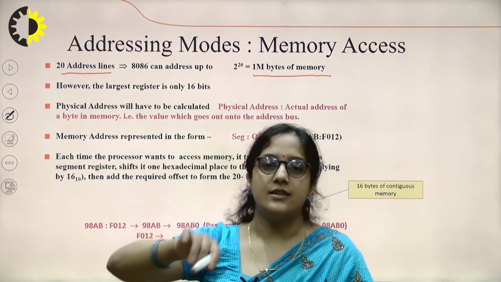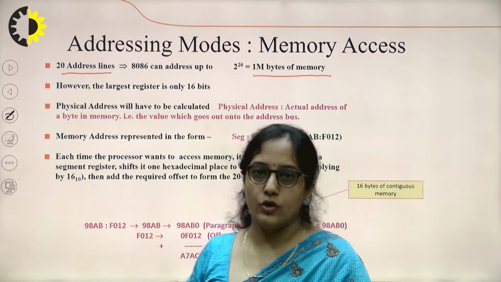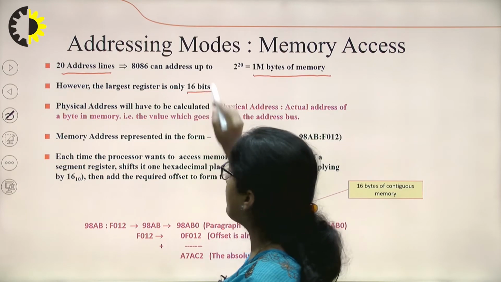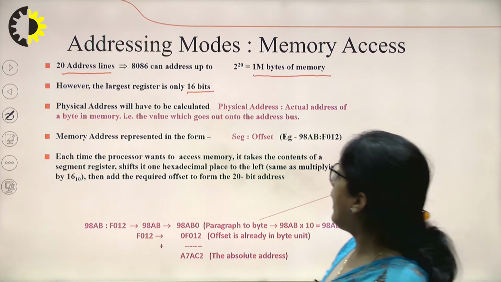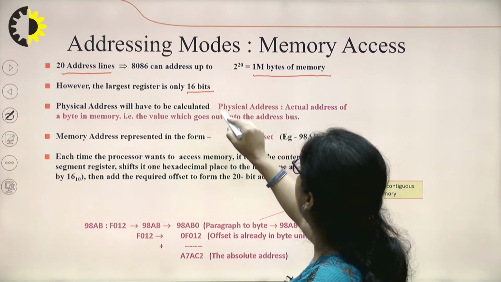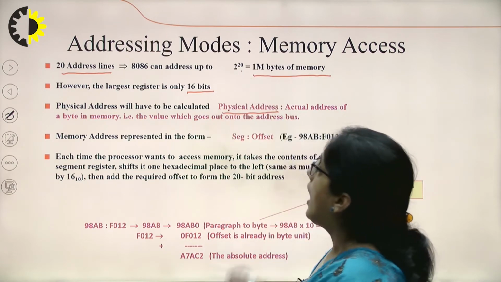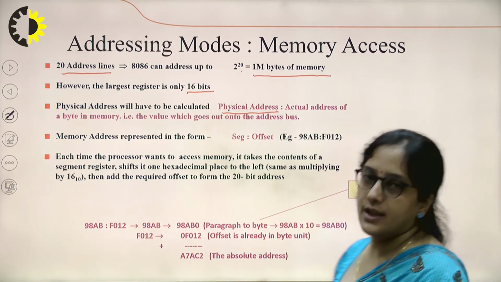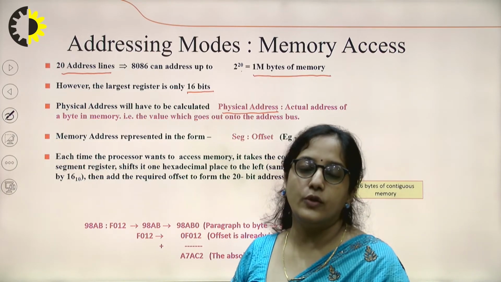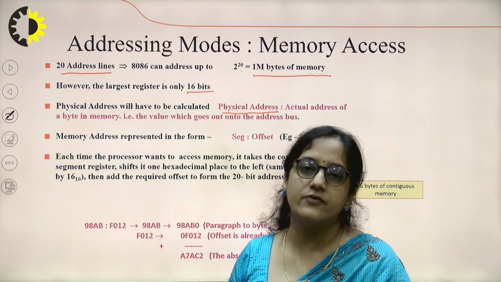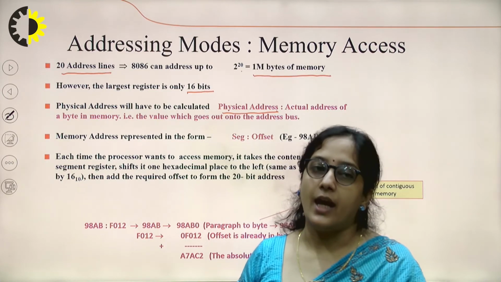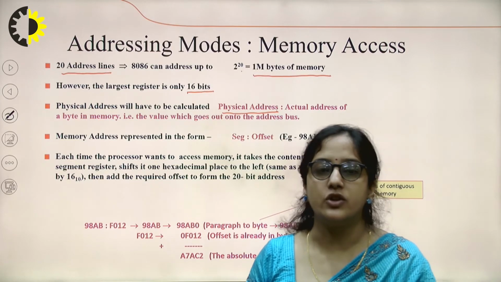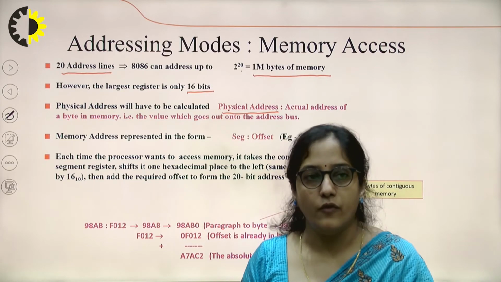The registers used in 8086 are each 16-bit wide, but the actual physical address is 20-bit, and we have to calculate this physical address. So, we have to use some address calculation circuitry to calculate the physical address.